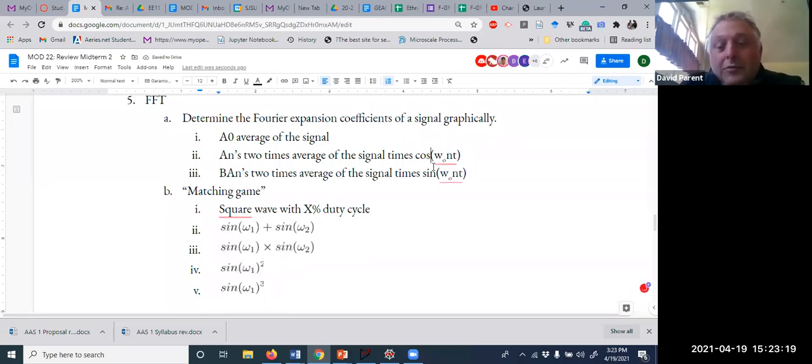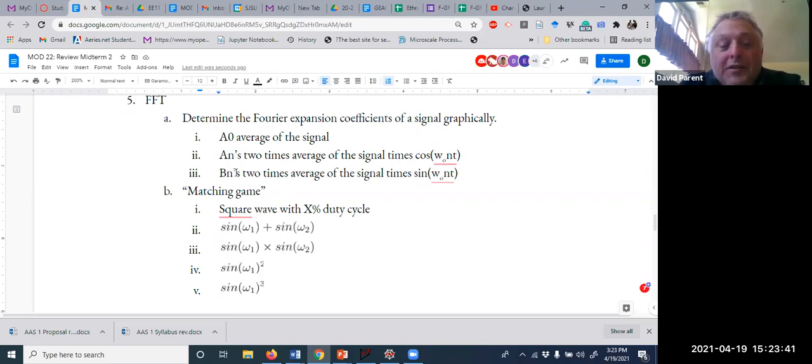That omega naught is 2 pi f, or 2 pi divided by T, and n is 1, 2, 3, 4, 5, and so on. That's the definition of the Fourier expansion, just said in words instead of mathematical terms.